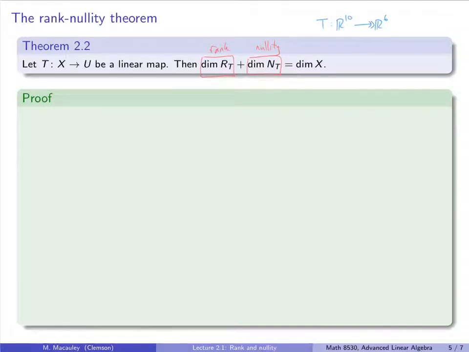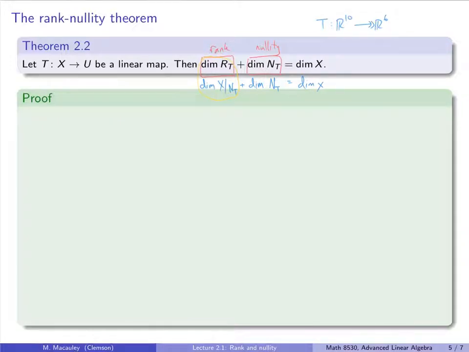To prove this, notice that we have a theorem that's a lot like this. If we have a subspace Y, let's say the null space, then we know that the dimension of that space plus the dimension of X mod that space adds up to the dimension of X. So all we have to do to prove this is to show that the range has the same dimension as X mod the null space.